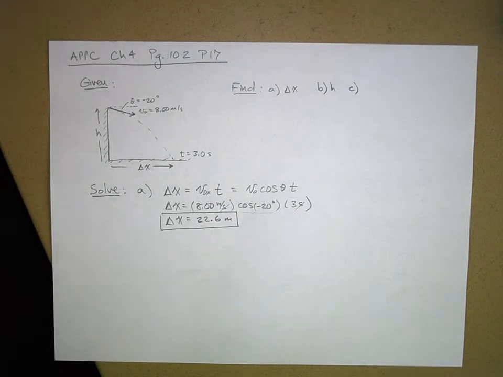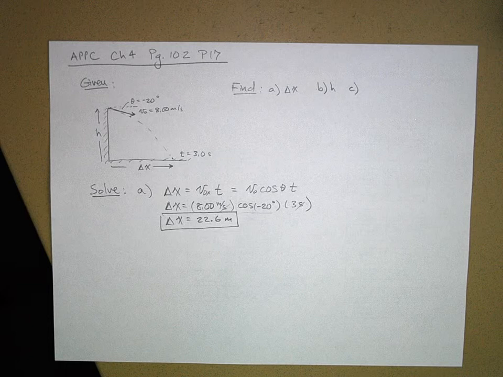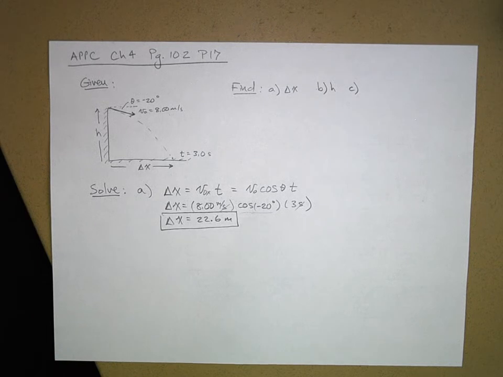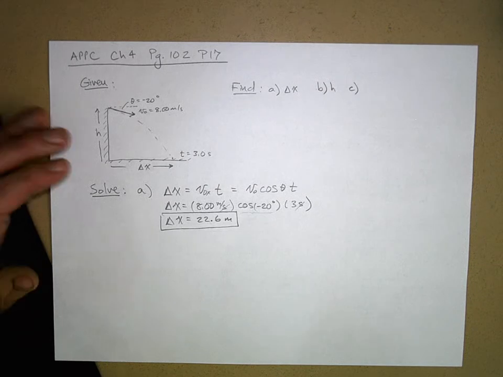You fix it, and then you say what you learned from it: in projectile motion, you have to make sure that you're using the x and y components of the initial velocity. You have to break up the initial velocity into x and y components and use them appropriately.